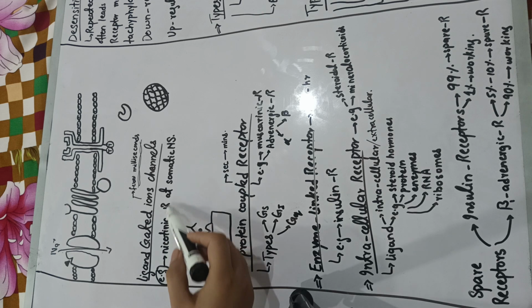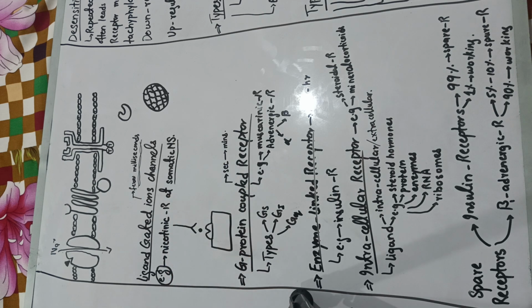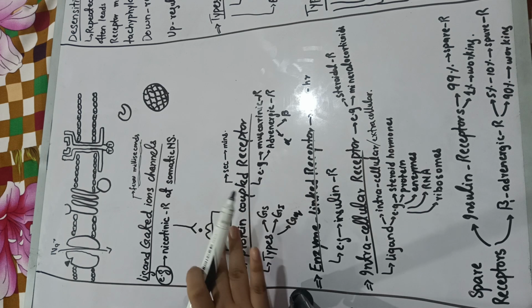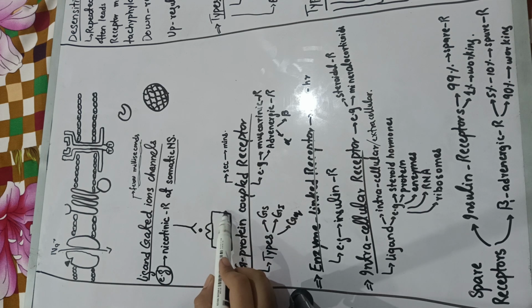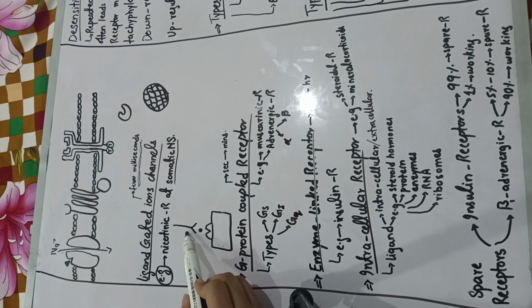The nicotinic receptors which are present in the somatic nervous system. You know very well about the somatic nervous system, that it is a nervous system which is not automatic. It is attached to the skeletal muscle. So let's suppose this is the nicotinic receptor which is attached to your skeletal muscle. So this is your muscle. Now what is going to happen? This is a presynaptic neuron, and this neuron is releasing acetylcholine.